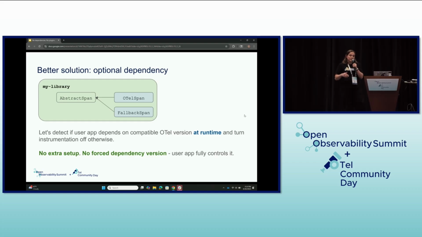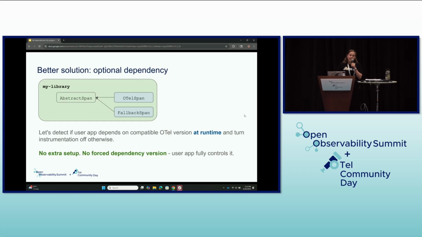And at runtime, we see, oh, OK, is there OpenTelemetry on the class path? Does the user application depend on it? Is it configured? Let's use it then. If we see anything suspicious, if we see any reflective exceptions and stuff like this, we can always fall back to a safer option. So this way, the user just gets observability when they install our library.